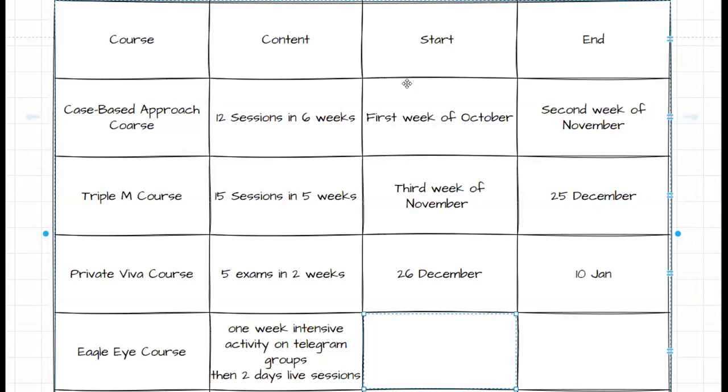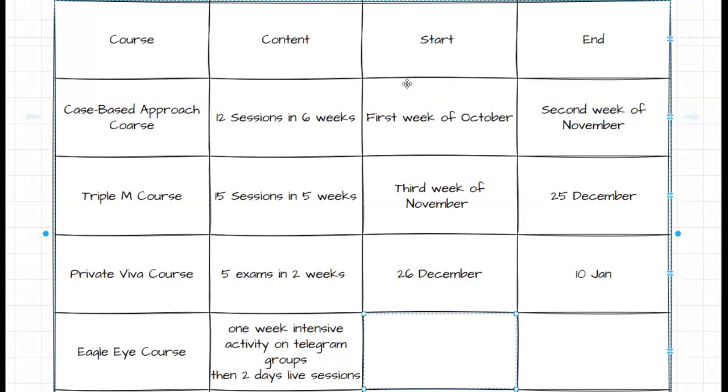Then the private Viva course, this is the last major course we have for preparing for the exam. In this private Viva course, you have 5 exams exactly like the exam situation. And we have 2 options here. You can choose 1 room, 5 exams, or 2 rooms, 5 exams.